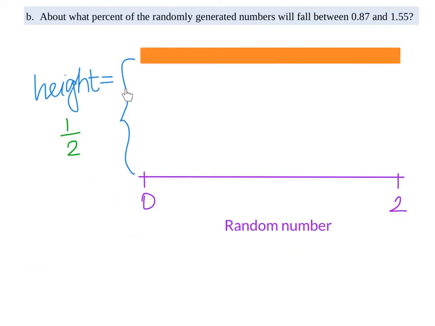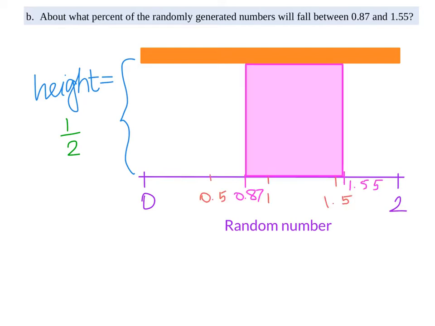From here, we can figure out what percent of the randomly generated numbers will fall between 0.87 and 1.55. What I'm going to do is find 0.87 and 1.55 on here, create that rectangle, and figure out what that percentage is.